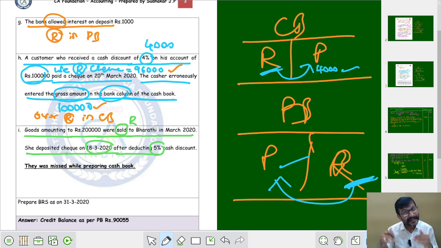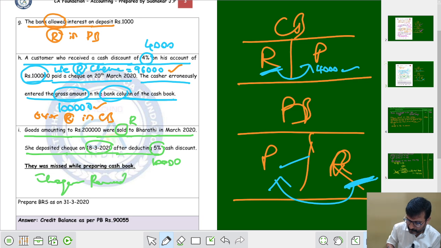See, Bharati deducted 5% because you allowed 5% discount. 5% of 2 lakh is 10,000, right? So after 10,000, Bharati will give a check to you, your business. How much check will you receive from Bharati? You receive a check from Bharati of 1,90,000, right?